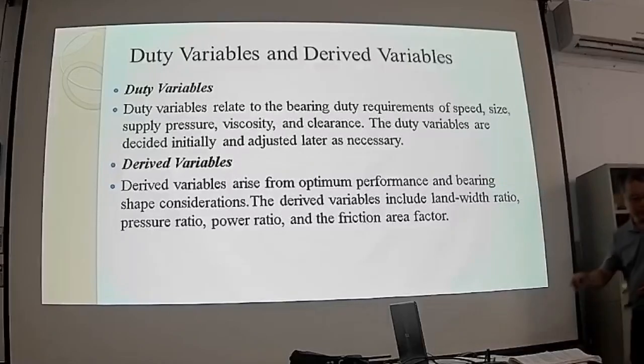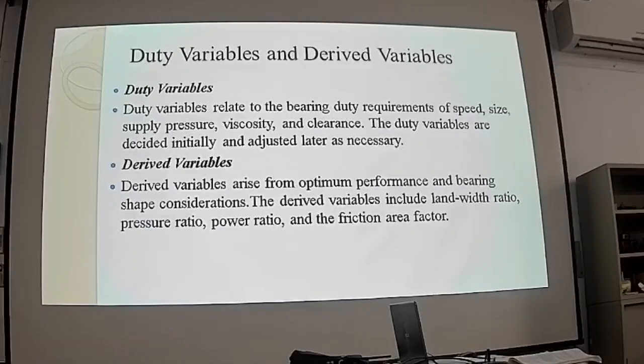Also in the design of hydrostatic bearings, we can distinguish the design parameter or design variable by classifying them into two different variables. One is the duty variable, the other one is the right variable. Okay. So this you might see in some textbook.